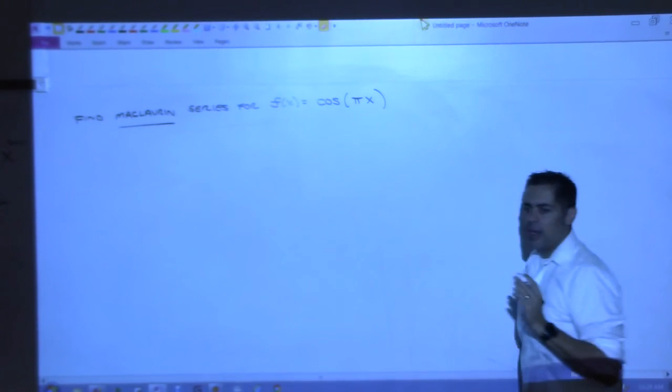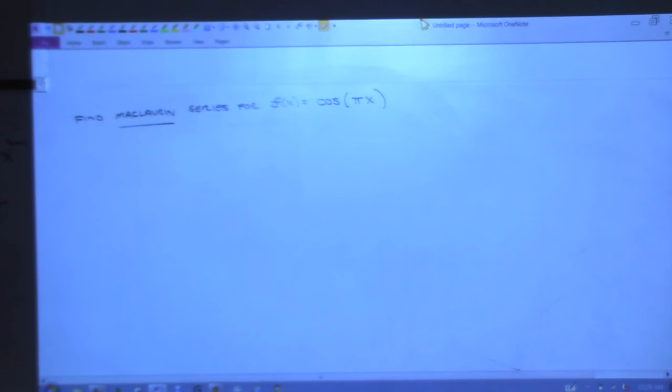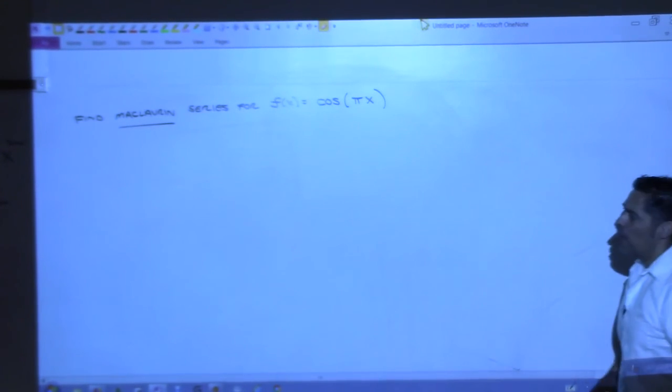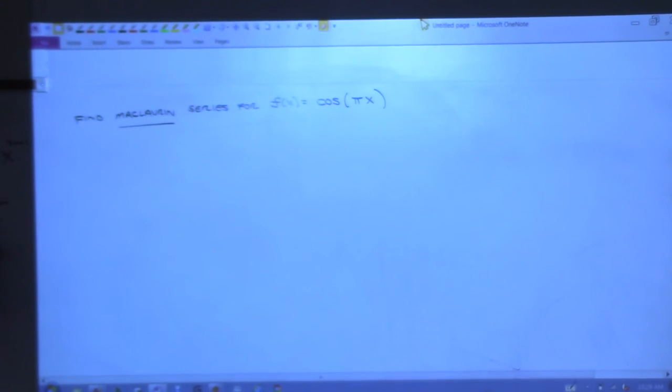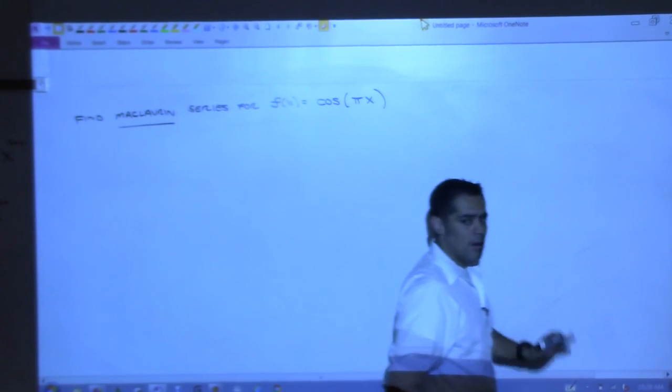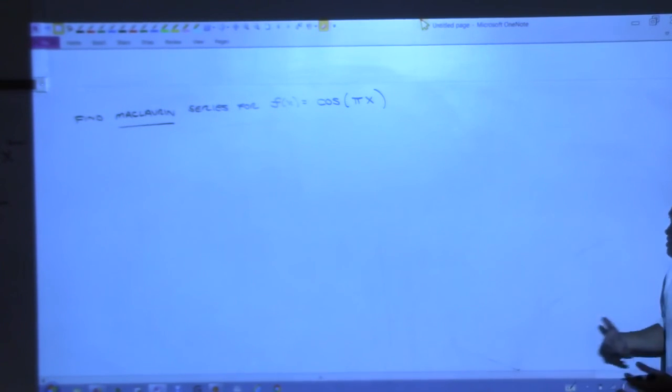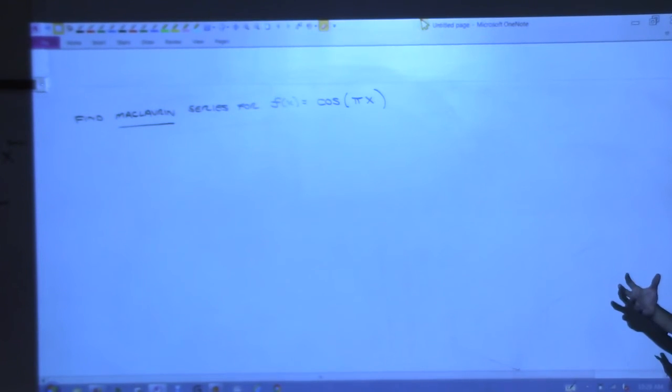Now, again, I'm going to do this the easy way and the hard way. The easy way would be to take pi x and put it right here in this formula. But again, the reason I want to show you the hard way is because I think it's constructive in terms of working with factorials and things.